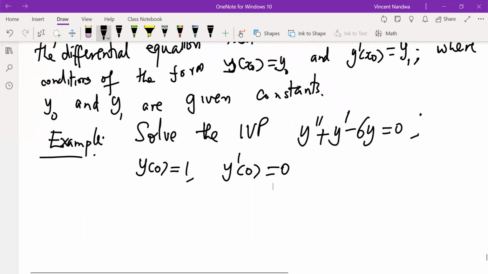So let's see how we work this out. Now, the first thing is to get the general solution of the differential equation.